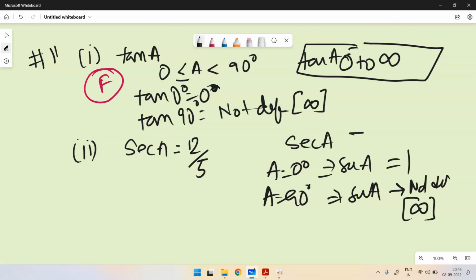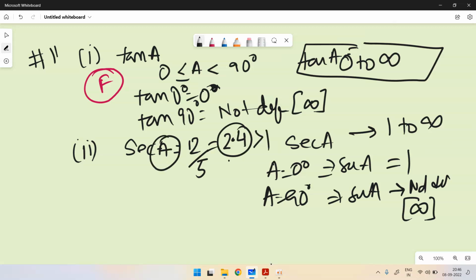So the values go from 1 to infinity. Now 12 by 5 is approximately 2.4, which is greater than 1, which implies that there is definitely some angle A which exists. Hence this is true.